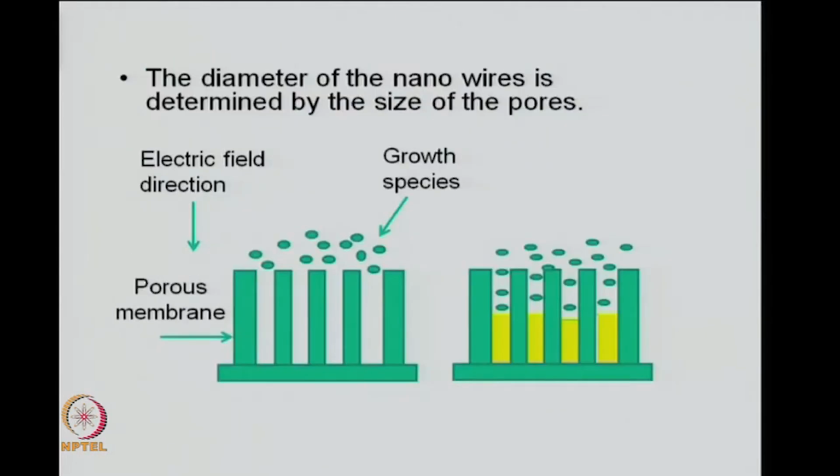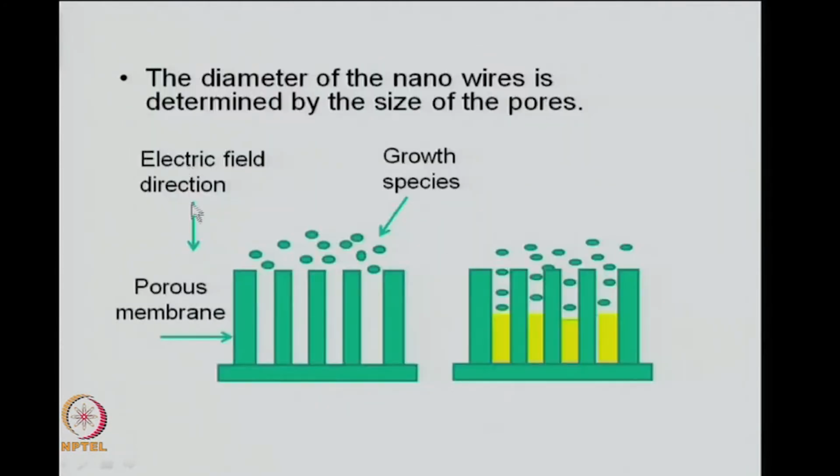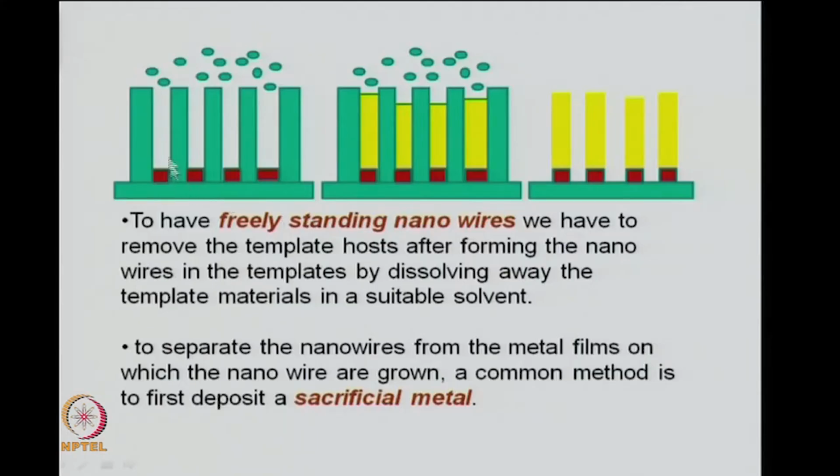What we did before is apply an electric field. You apply an electric field in this direction and you have your growth species. Same thing you do here: you apply an electric field and you have these species. They will arrange here, but on top of this sacrificial layer.